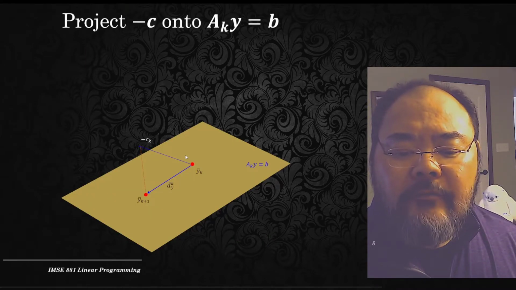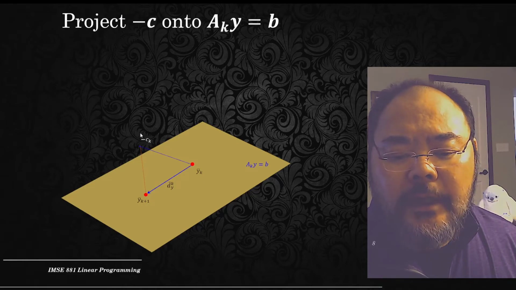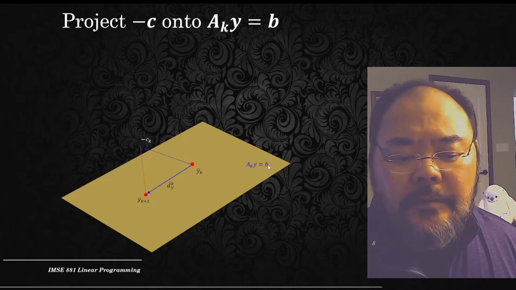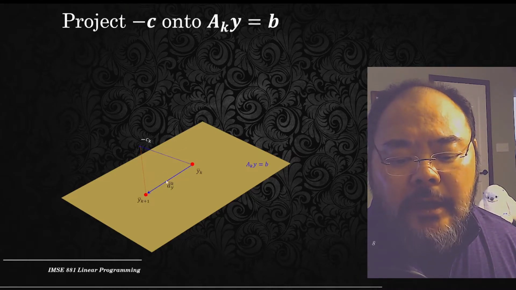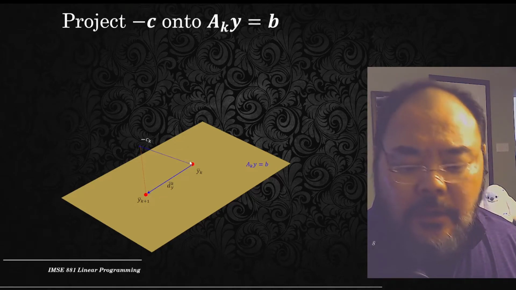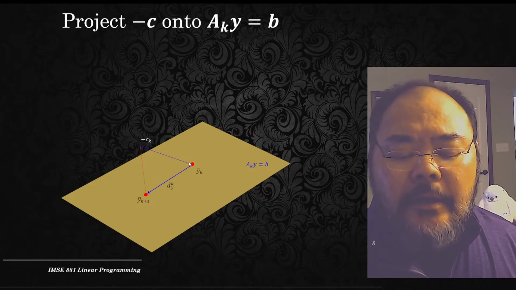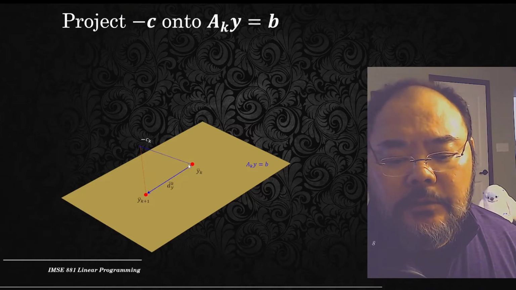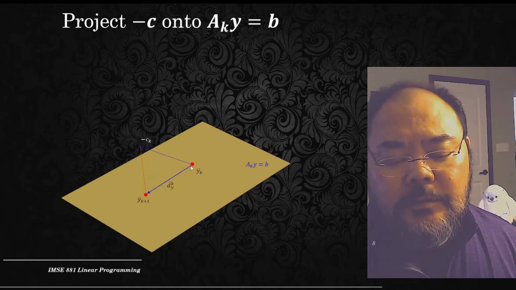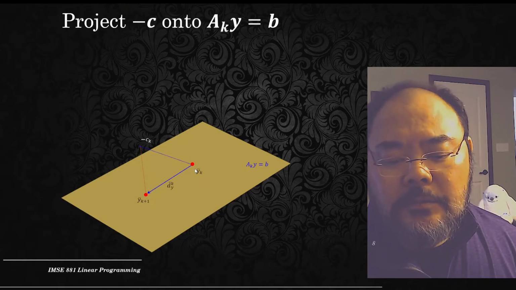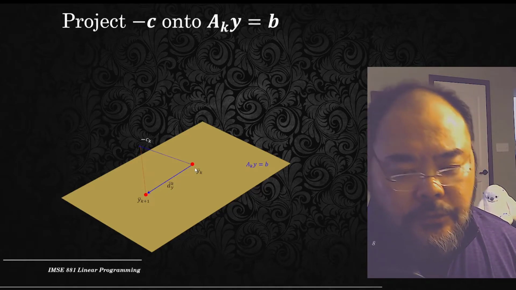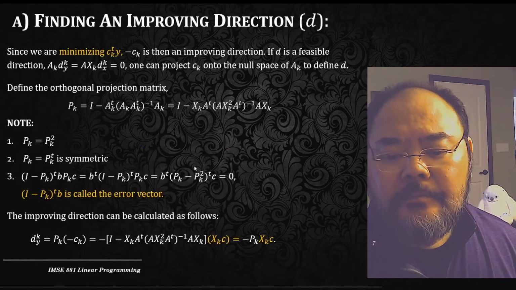Geometrically, you can see that very simply. If I project this negative CK onto the null space of AK times Y equals B, after the first transformation, the dyk is already on that null space. If I project one more time, it's still going to be itself. So it doesn't matter how many times you perform the projection, since the first projection is already represented on the null space.